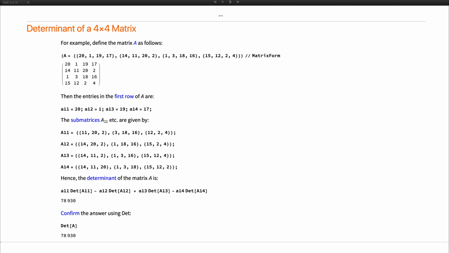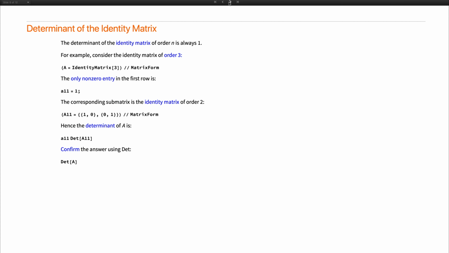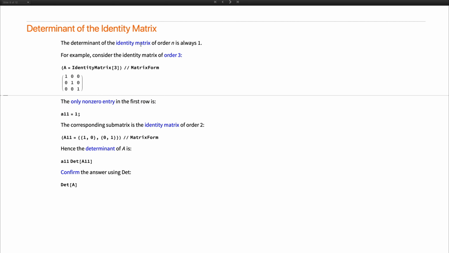The point is that there are many simpler matrices for which the determinants are quite easy to remember. For example, if you have the identity matrix of order n, then its determinant is always 1. Here is the identity matrix of order 3. It has diagonal elements 1, and all the other elements 0. If you try to expand it, in the first row you only have one non-zero element.